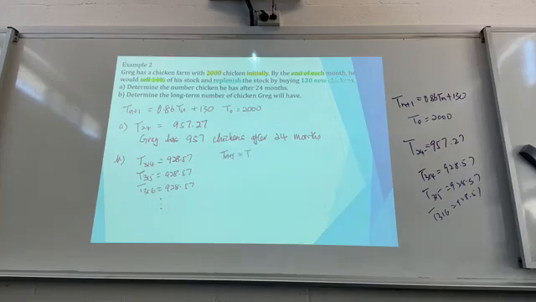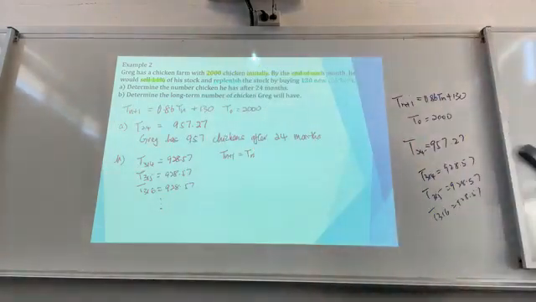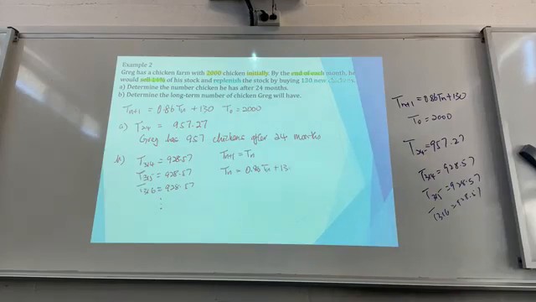Because you're looking at the long-term solution, Tn plus 1 will be the same as Tn. Substitute into this equation here. So therefore, you have Tn equals 0.86 Tn plus 130.